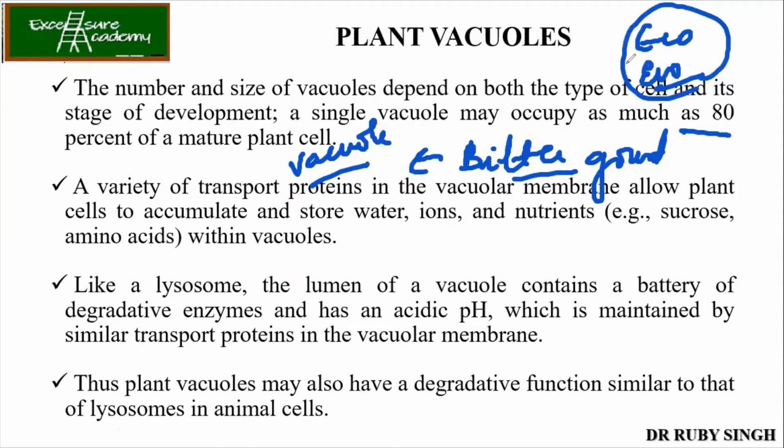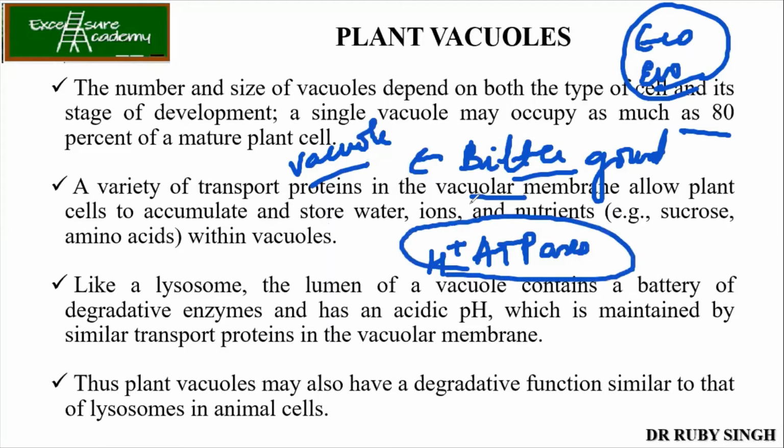Okay, now there are many varieties of transport proteins in the vacuolar membrane, for example H plus ATPases. They allow plant cells to accumulate and store water, ions and nutrients. Now what is the name given to the vacuolar membrane? It is called tonoplast.